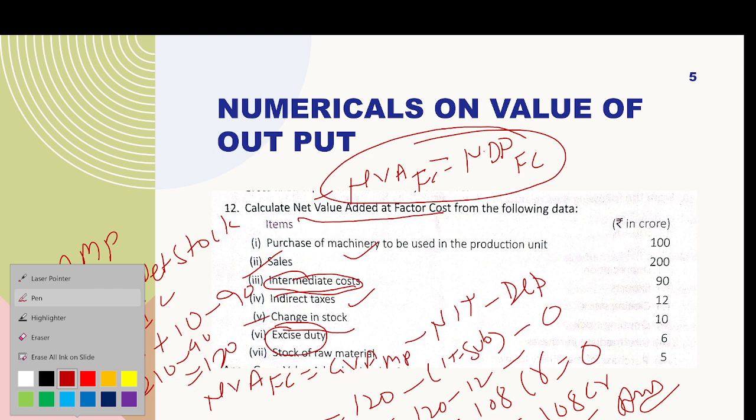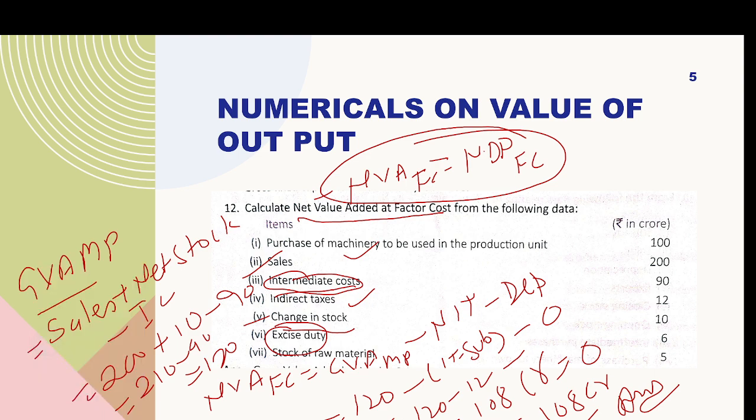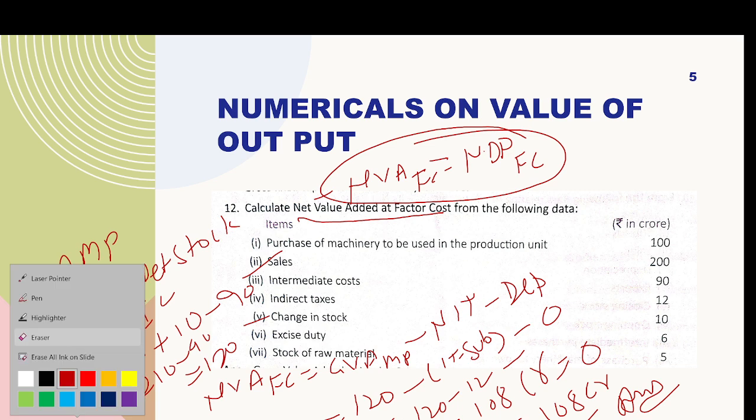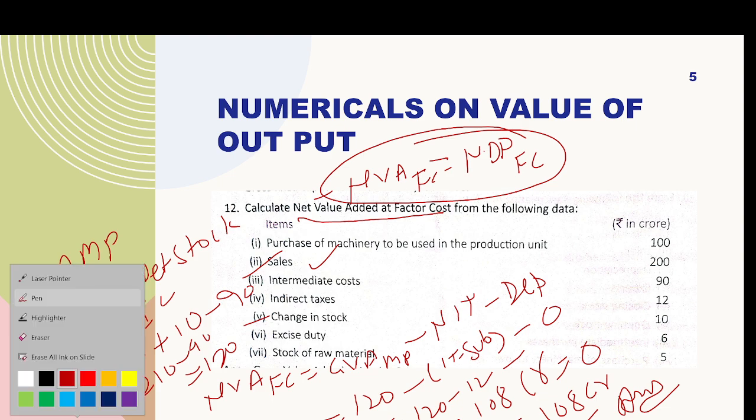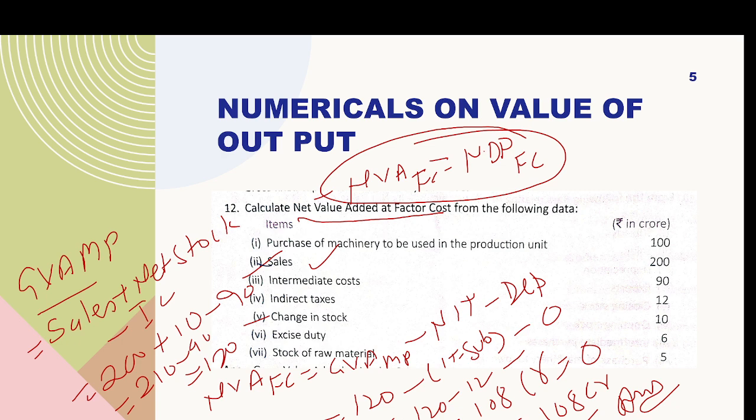First of all, you will see clearly what is used in calculating national income: only the sales, the intermediate cost, the indirect tax, and change in stock.